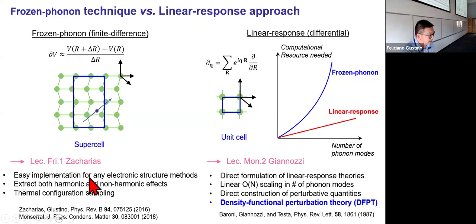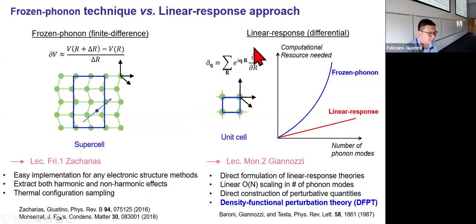It's very easy to implement. In the most basic sense, if you want to see, for example, band splitting, you can also extract both harmonic and anharmonic effects, for example, as what Zacharias showed for thermal configuration sampling. So it is a very powerful approach.